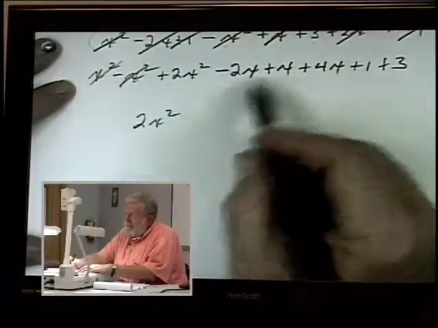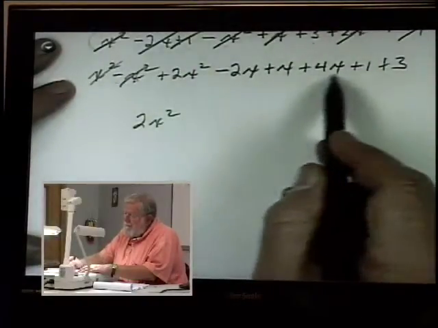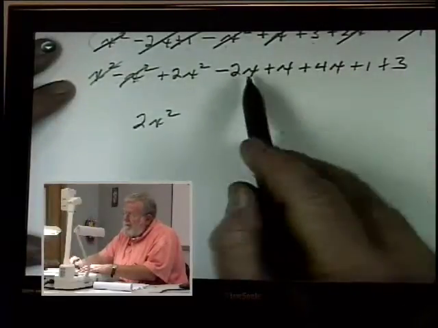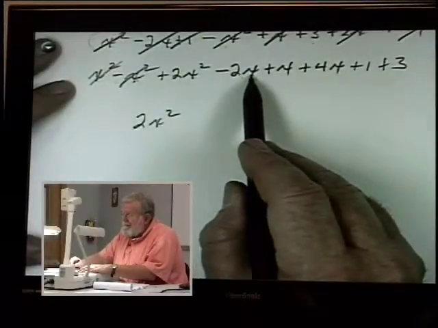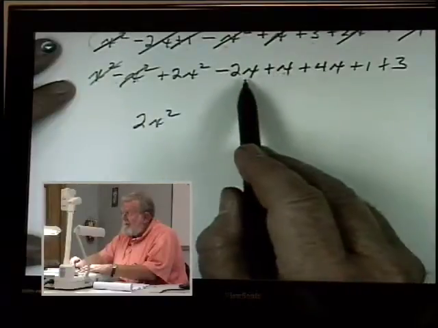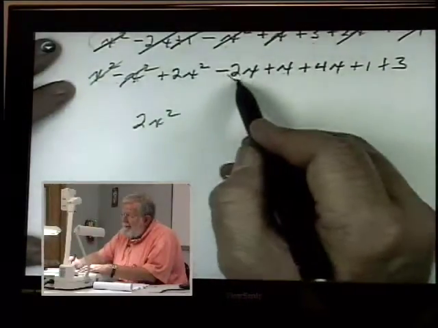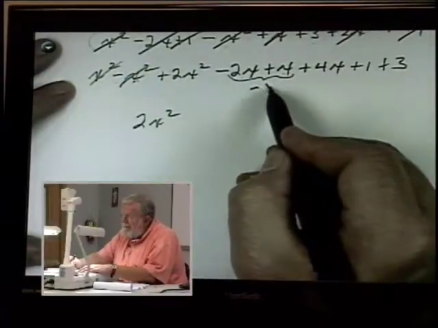Now on the other terms, the next series of terms are the terms containing just an x to the first power. So we have a minus x plus x, which leaves us with a minus x. So when we add these together, we get a minus x.